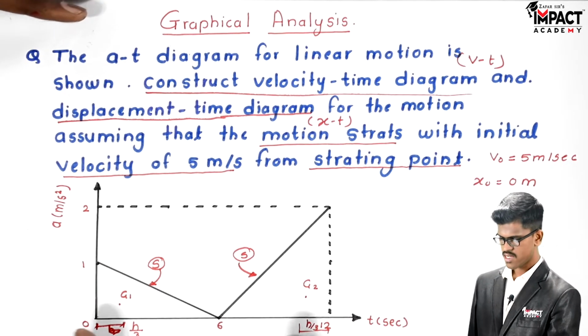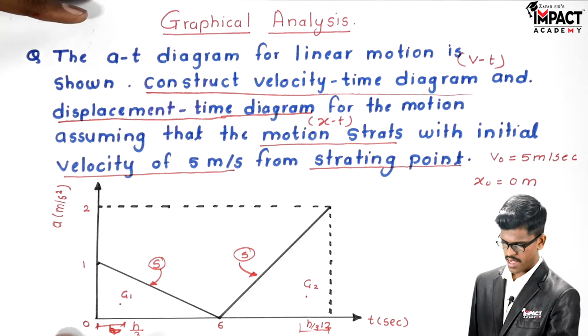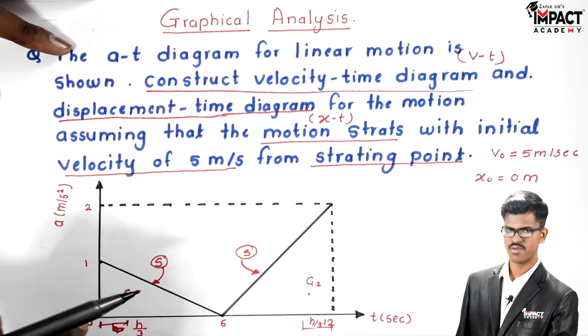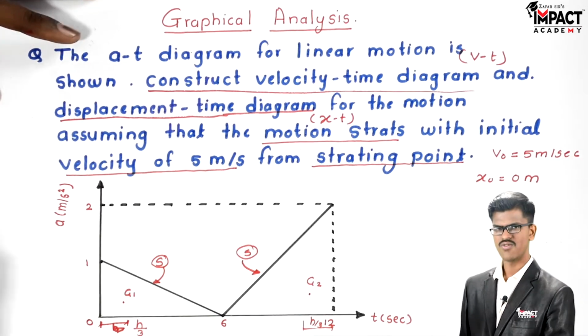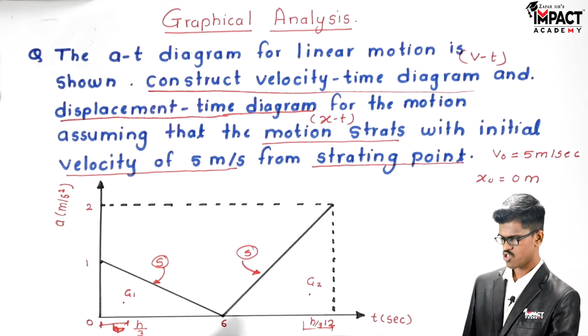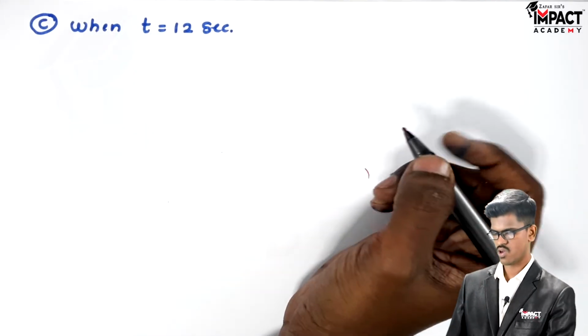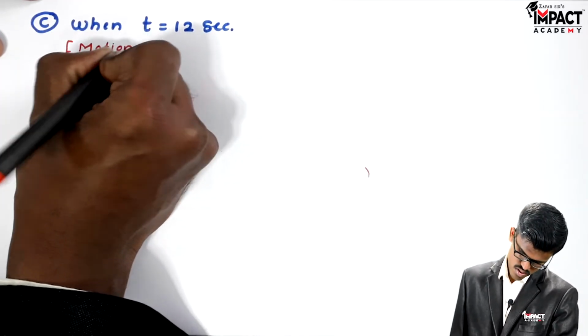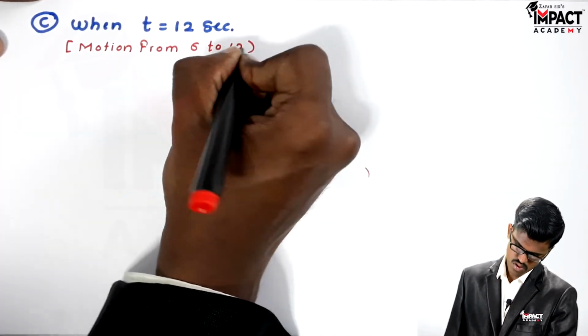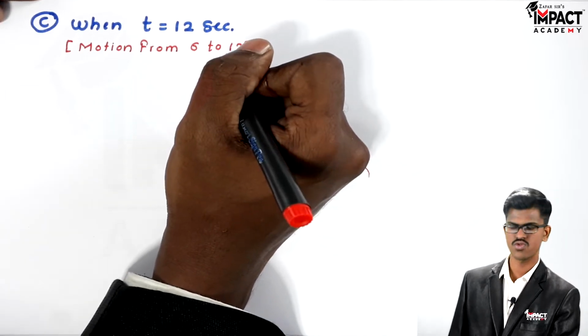We can consider motion from 0 to 12, but that time we consider initial position x0, v0. For simplification we consider the motion from x6 to 12. So motion from 6 to 12.